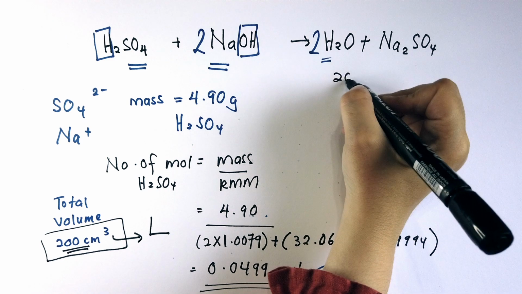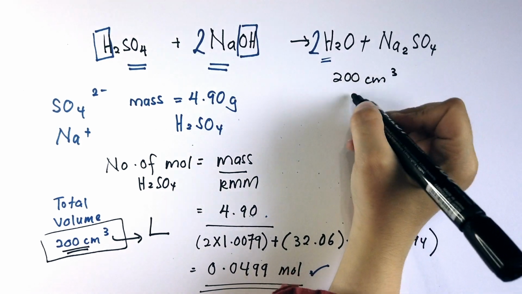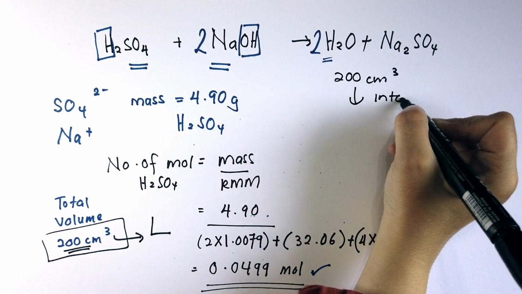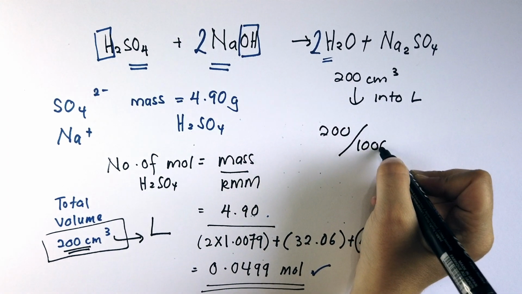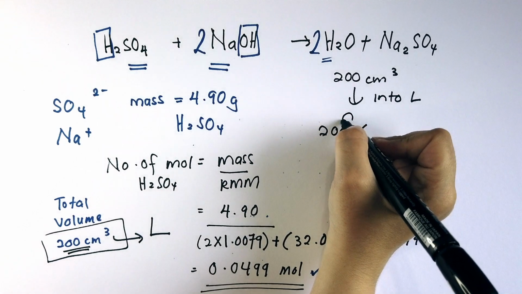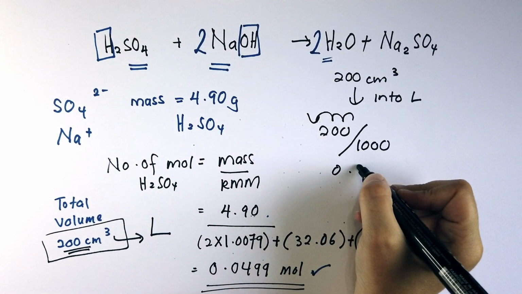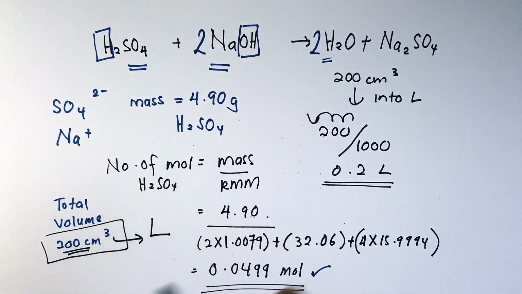So 200 centimeter cube, you need to convert into liter. So 200 divided by 1000 equivalent to 0.2 liter. So from here you can grab the molarity of this solution.